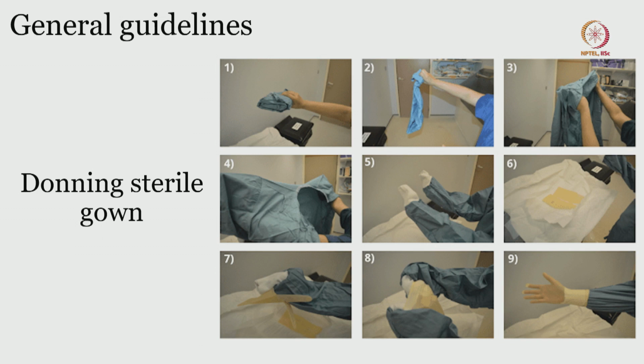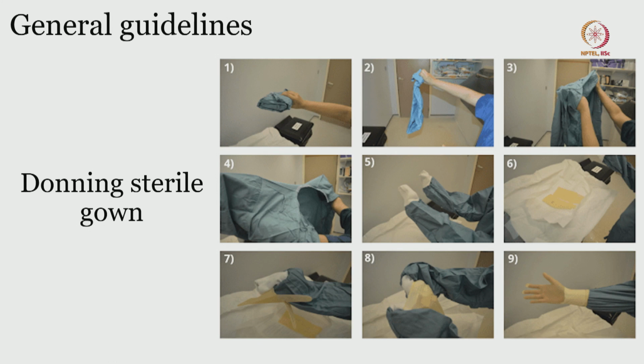So it is advised that you wear the sterile gown depending on the demand of the sterility of that procedure. For example, if it is just a small injection that you are going to give into the brain, maybe you can skip the sterile gown. I would strongly recommend a sterile gown, but if it is a small procedure for a few minutes, then you can handle it with sterile gloves alone.